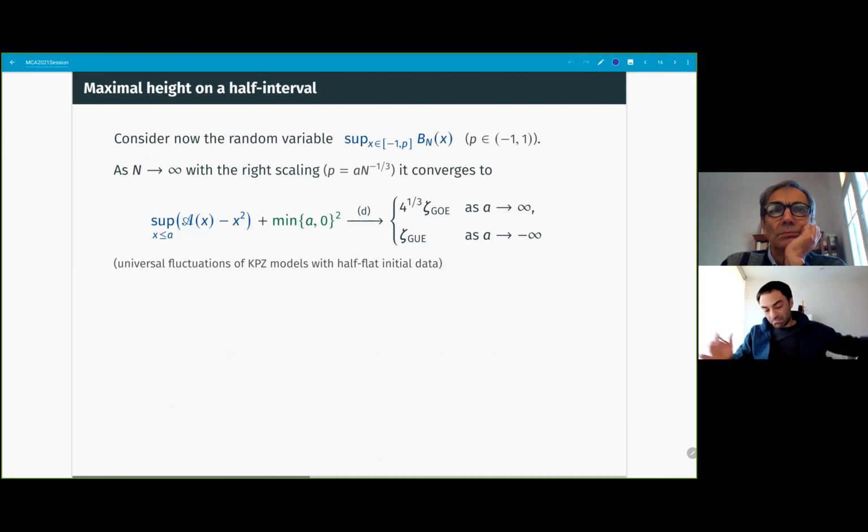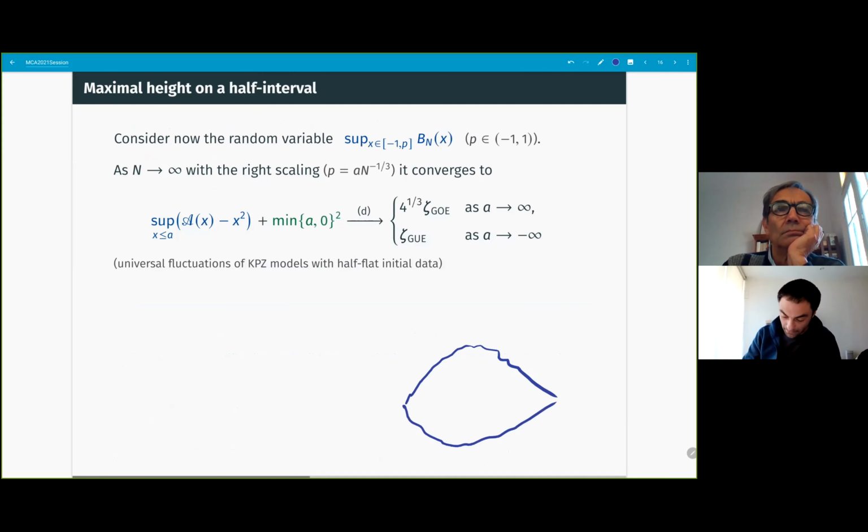Okay, so the next thing I want to look at, just because it's in the spirit of exploring what else we can say. Now, instead of looking at the sup of my watermelon, if you want, over the whole interval -1 to 1, I'm going to stop at time p, and I'm going to look at the sup over here. That's the quantity that I'm circling there.